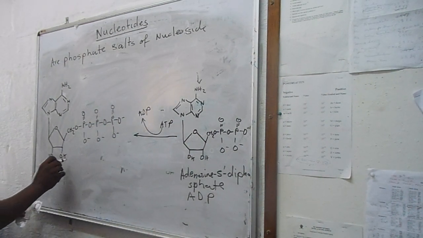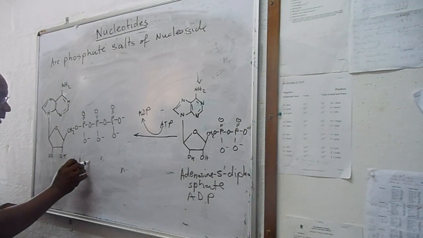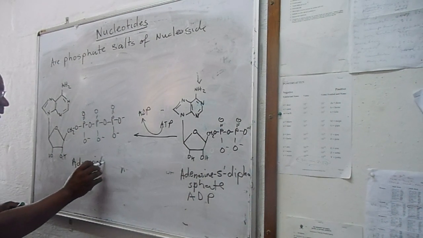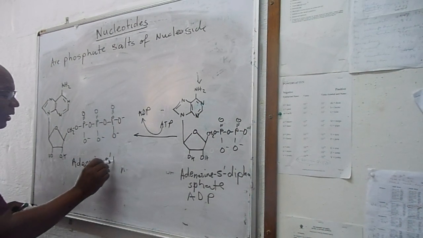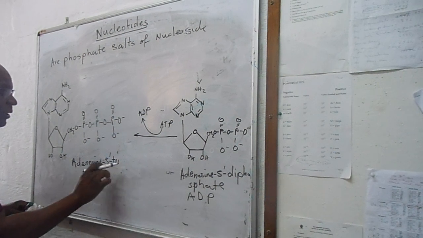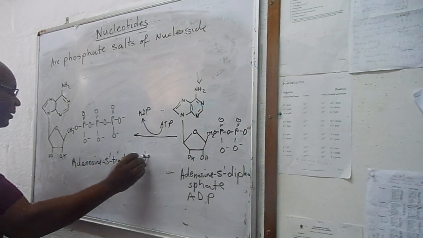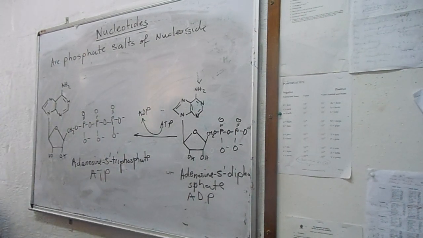So we'd call this, the nucleoside is adenosine. Then at 5 prime, we have added 3 phosphates, triphosphate. And this is what is commonly known as ATP, the universal carrier of energy.